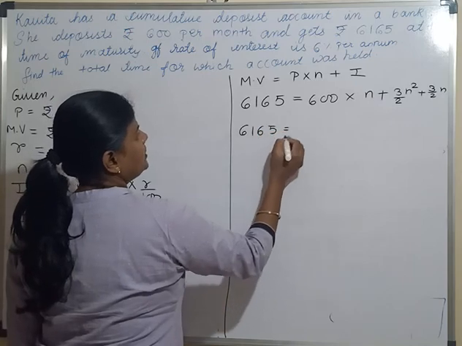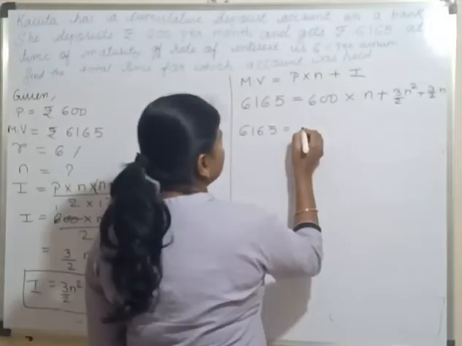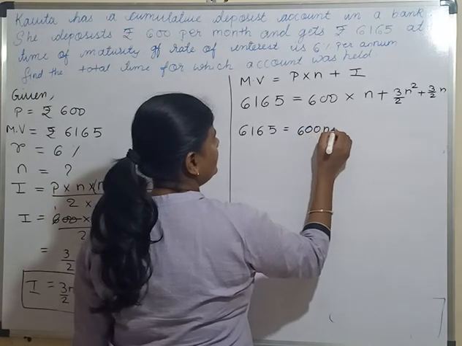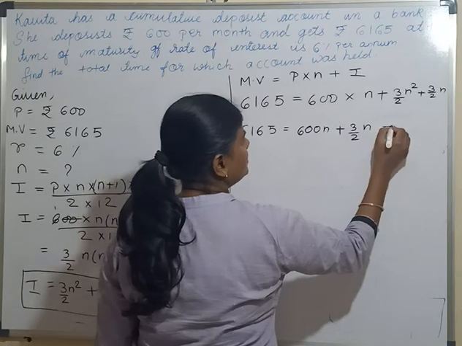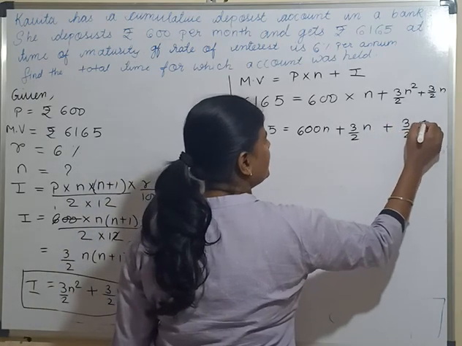So 6165 equals 600n plus 3 upon 2 n plus 3 upon 2 n square.